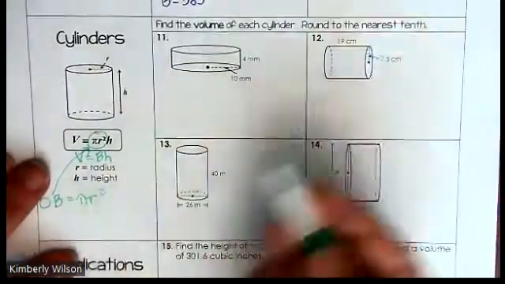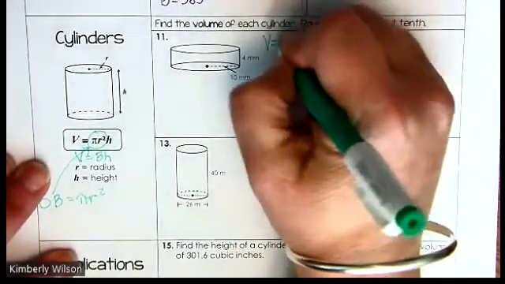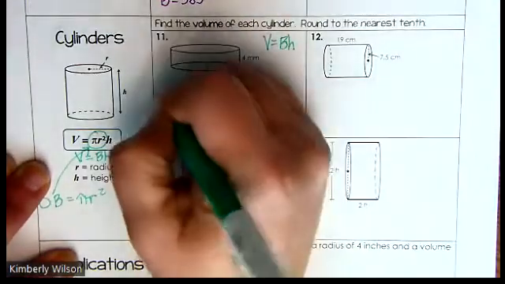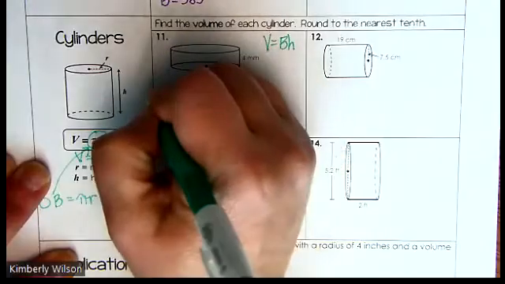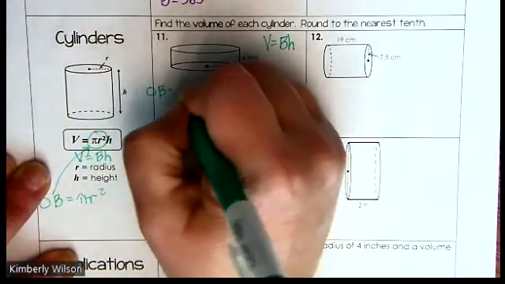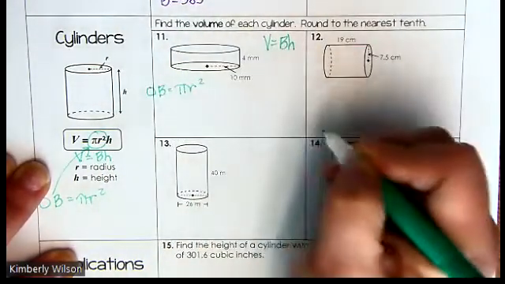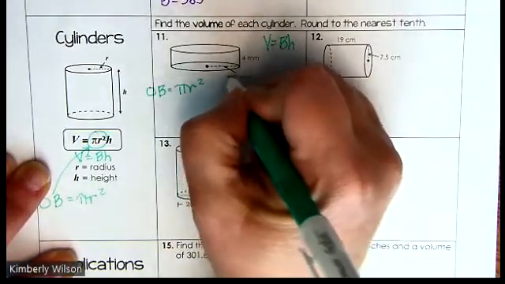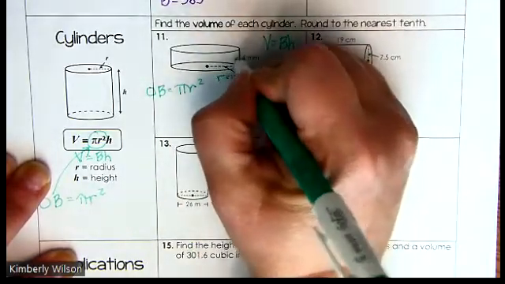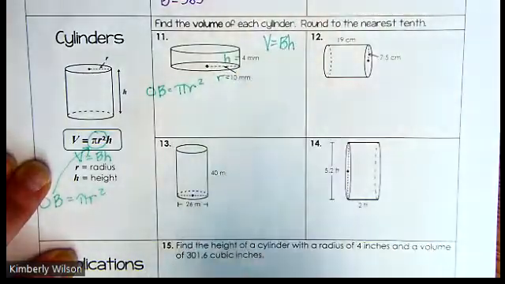All right, so here we go. So we're still doing the same thing, capital B times H. It just happens to be that my base shape here is a circle. So therefore my formula is pi r squared. My radius is 10. The height of my cylinder is 4.